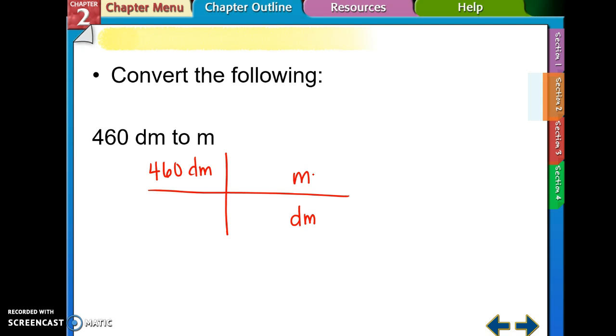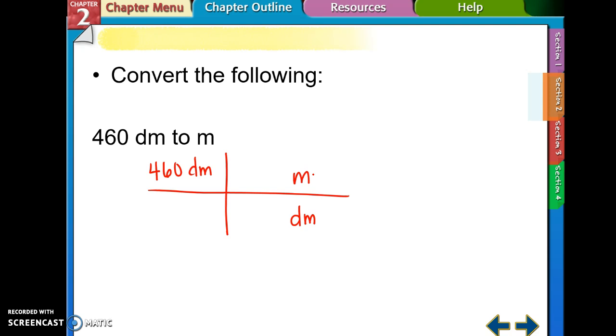So when I have decimeters and I have meters, I have to go look at my one-step conversion factor notes that you have. I go look at the chart and I find decimeters, in that it is smaller than the base.